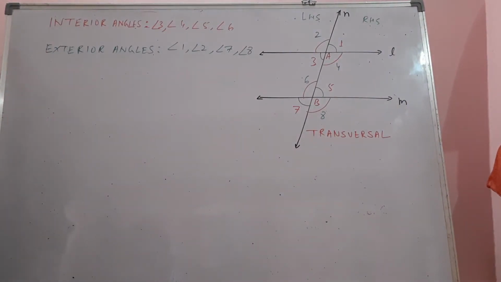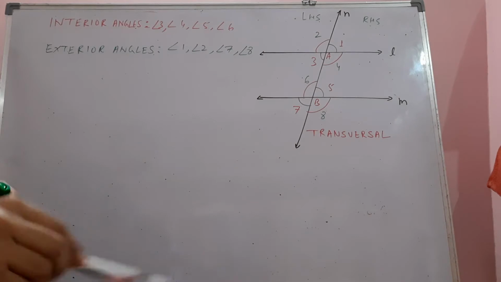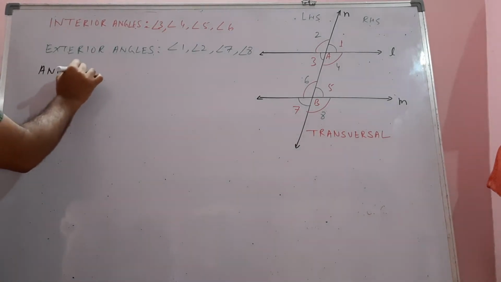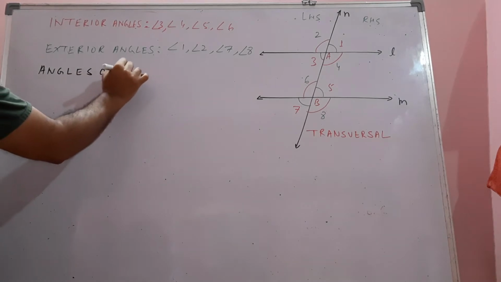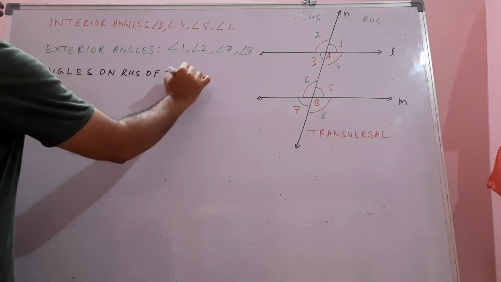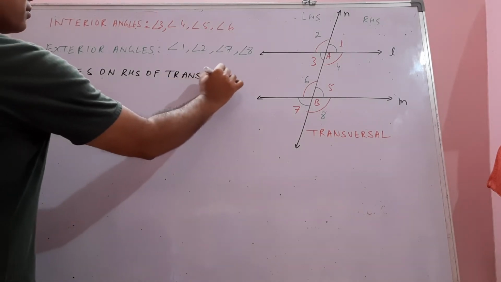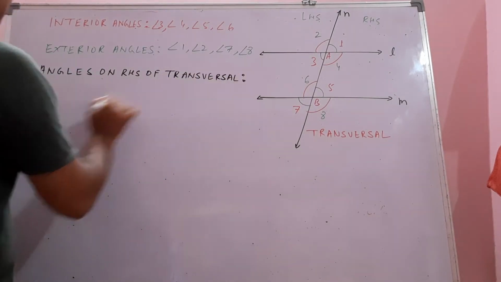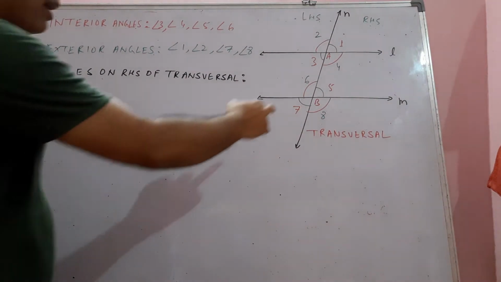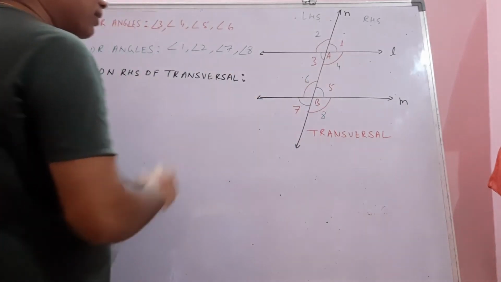I want to write angles on the right hand side of the transversal.